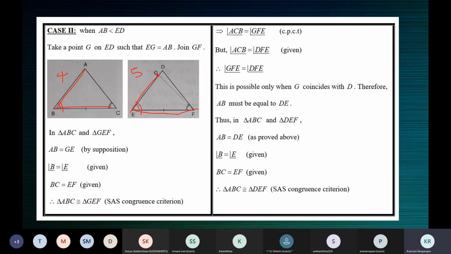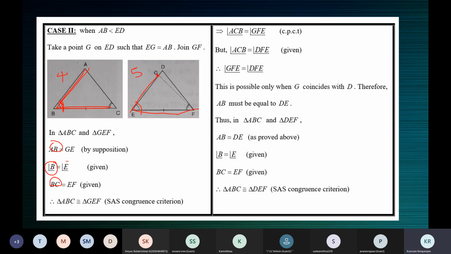See, now you can check here. For angle B, this is the included angle. That means AB and BC are its arms. We have mentioned AB and BC only, the arms of angle B. So that means two sides and the included angle.